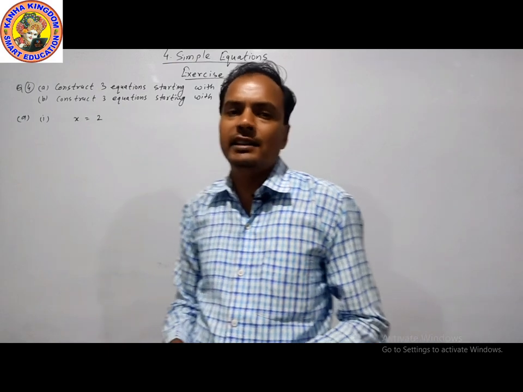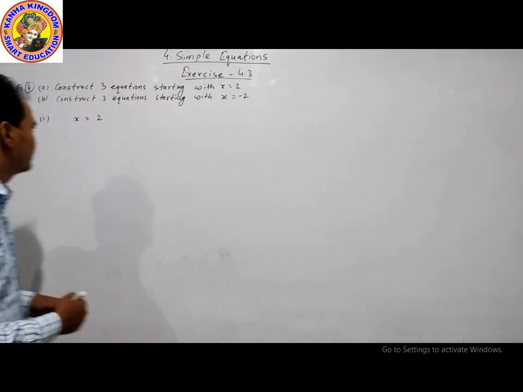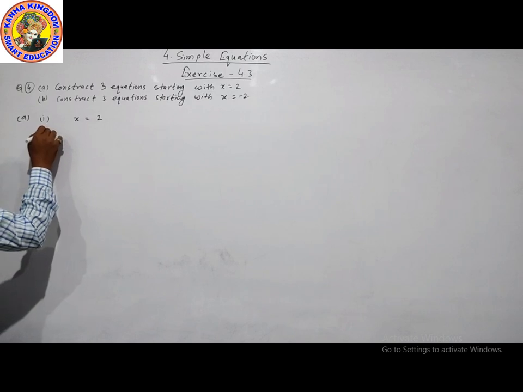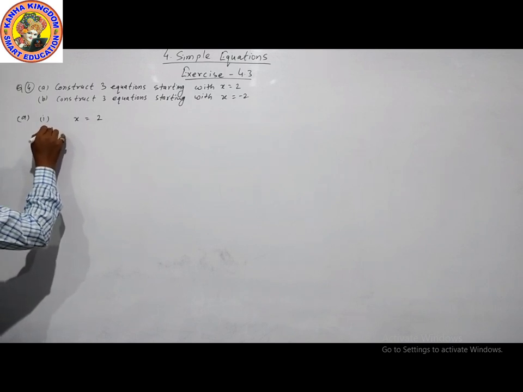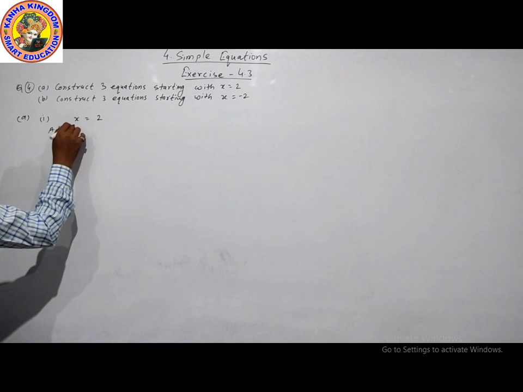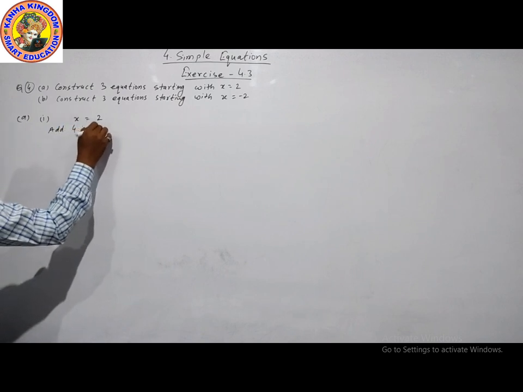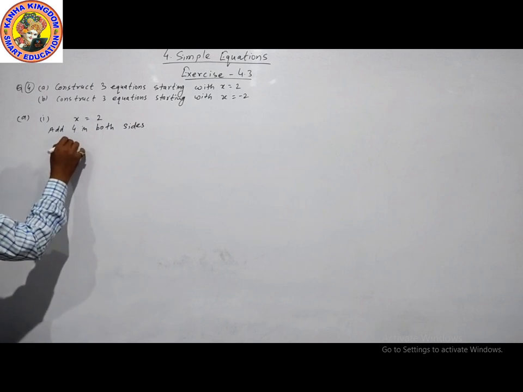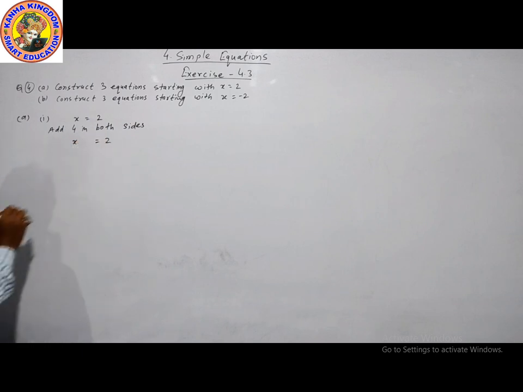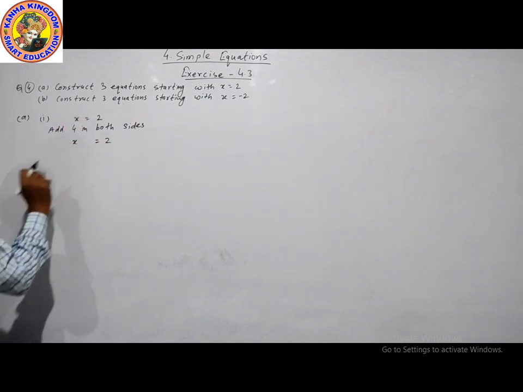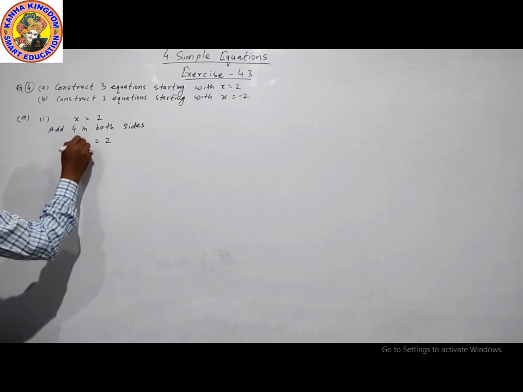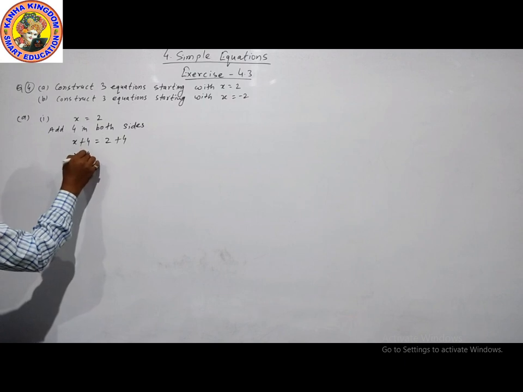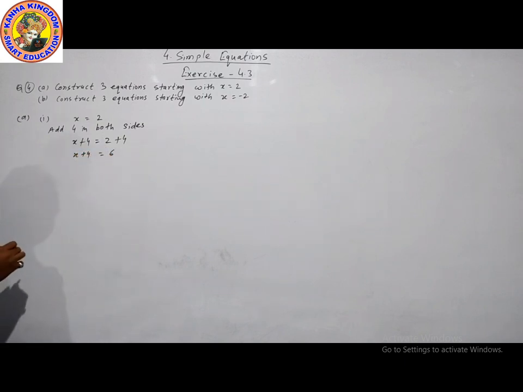We have to do operations like these. First of all, add 4 on both sides. X is equal to 2. Now add 4 plus 4 plus 4. The x plus 4 is equal to 6.